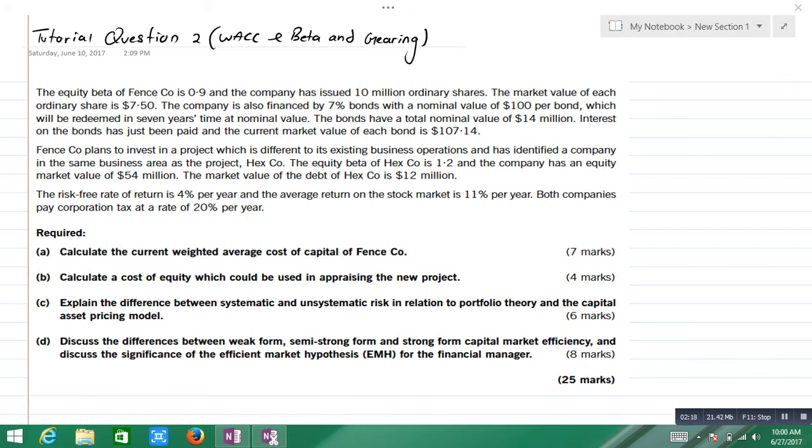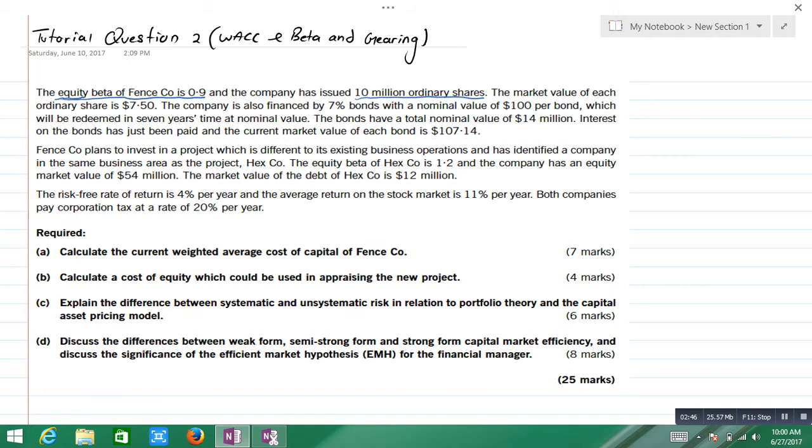The equity beta of Fansco is 0.9. Let's highlight that part. The company issued 10 million ordinary shares. So in this question, he gave you ordinary shares. It's not a value, it's the number of shares.